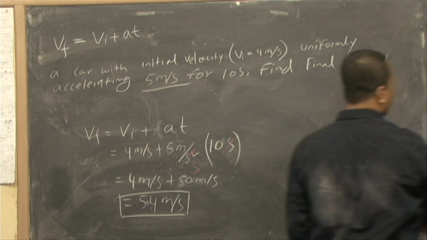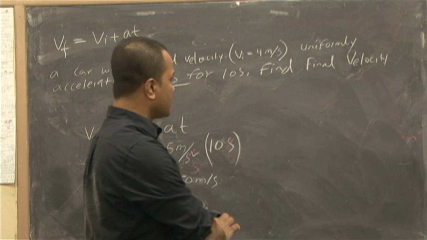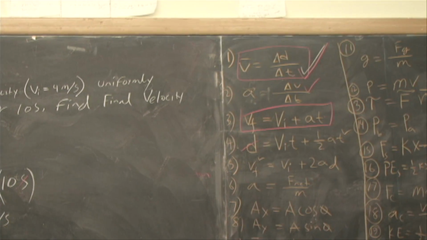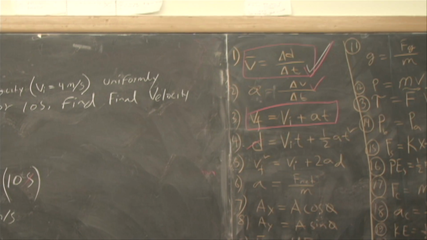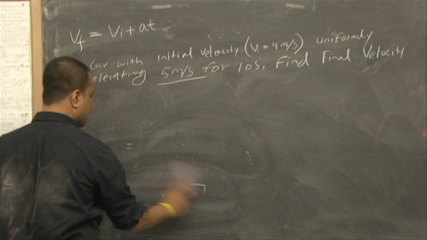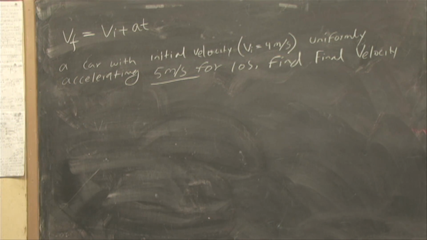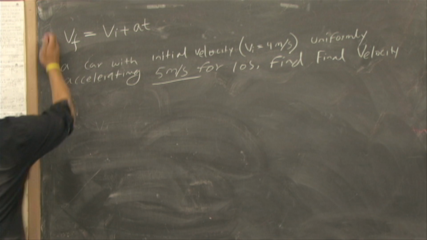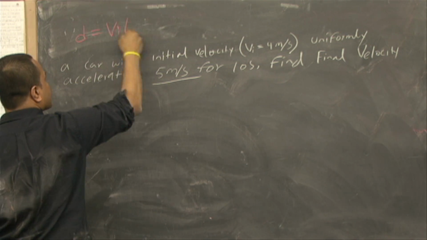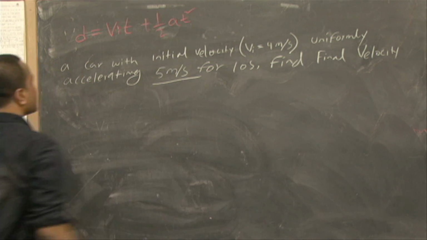This beautiful mathematical formula, mathematical laws of physics. So let's move to the next one. Let's see how we can use that formula to come up with our own question, to solve that question, to understand what's going on inside. Distance is velocity initial times time plus half at squared.